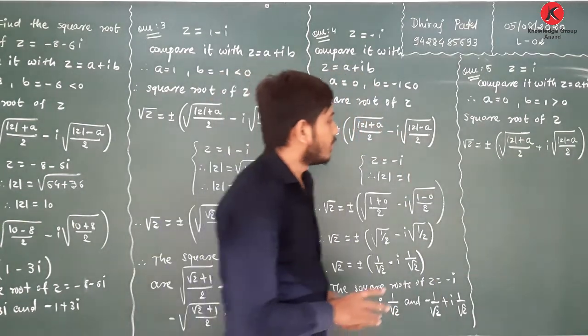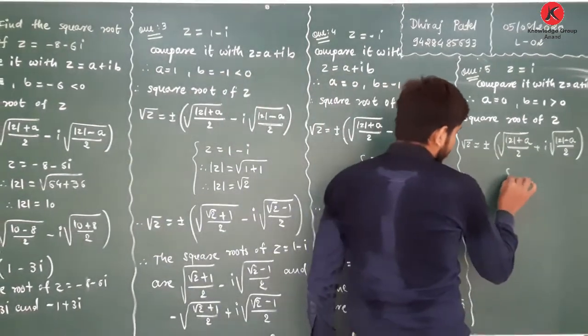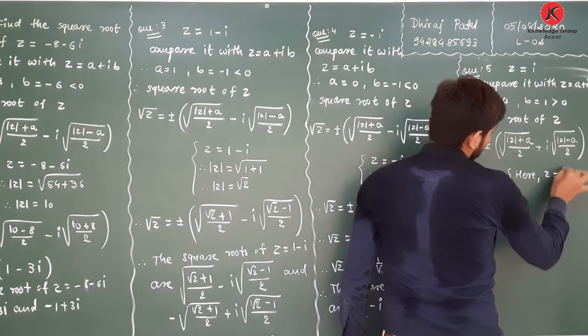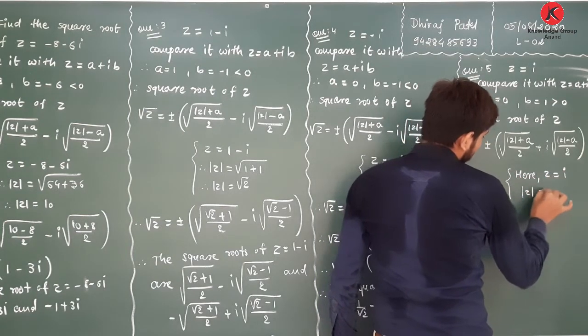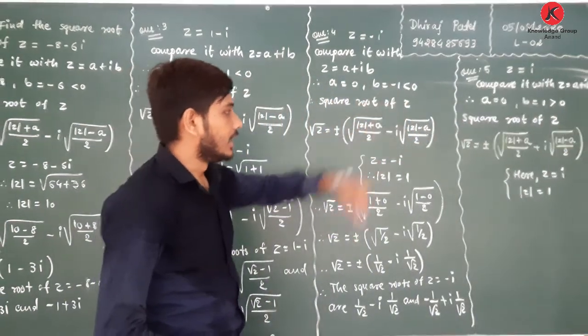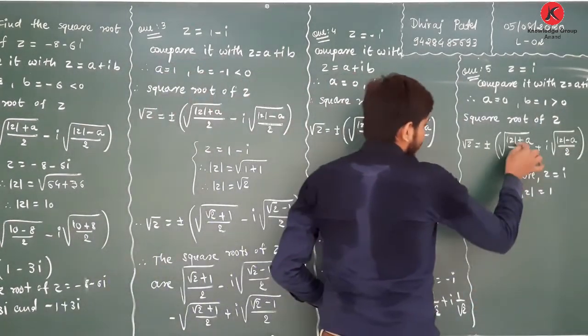So first of all obtain the value of modulus of z. So here z is equals to I. Therefore modulus of z equals to 1. Put this value here.